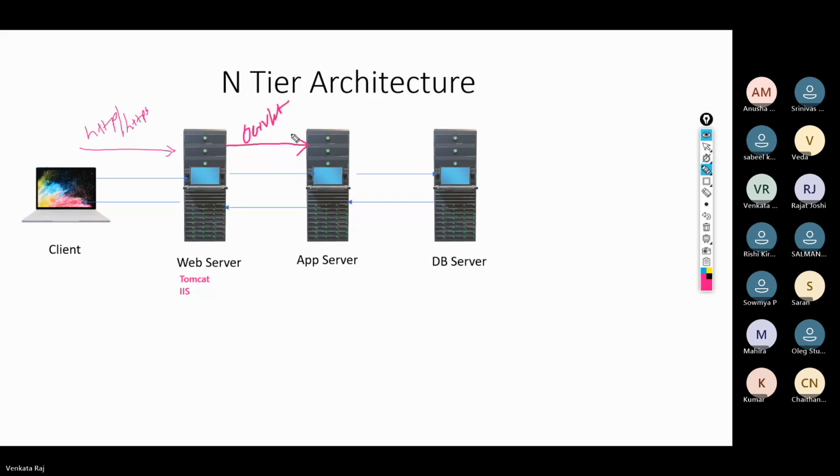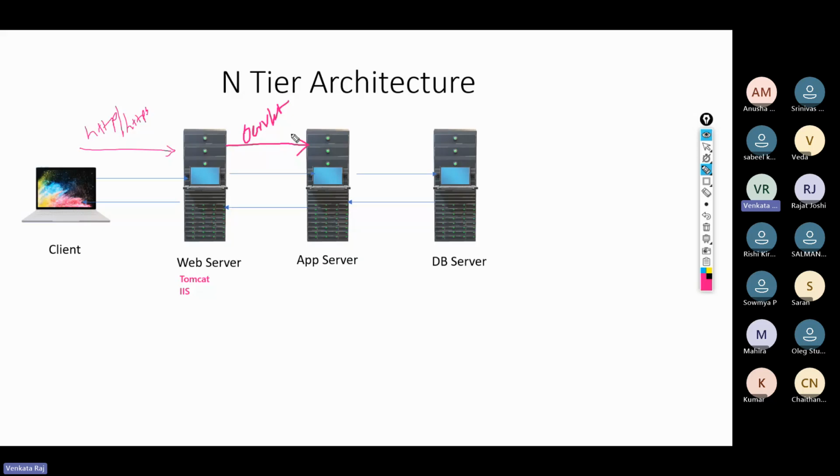So this application server is primarily responsible for processing your request. What does that mean? It means the entire business logic will reside in the application server. I repeat, the entire business logic will reside in the application server.